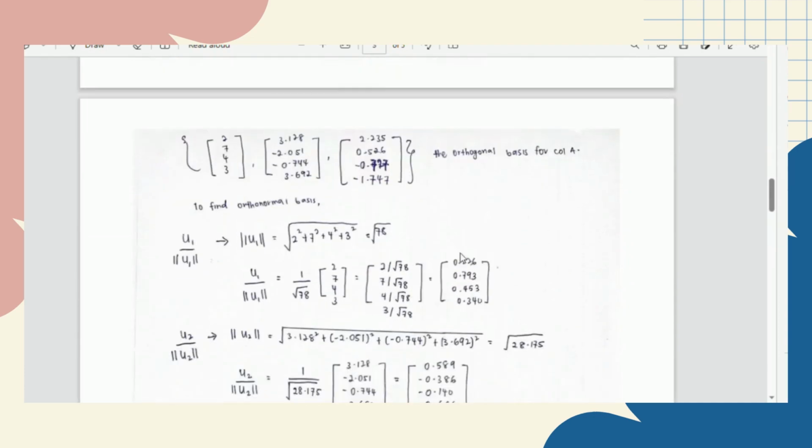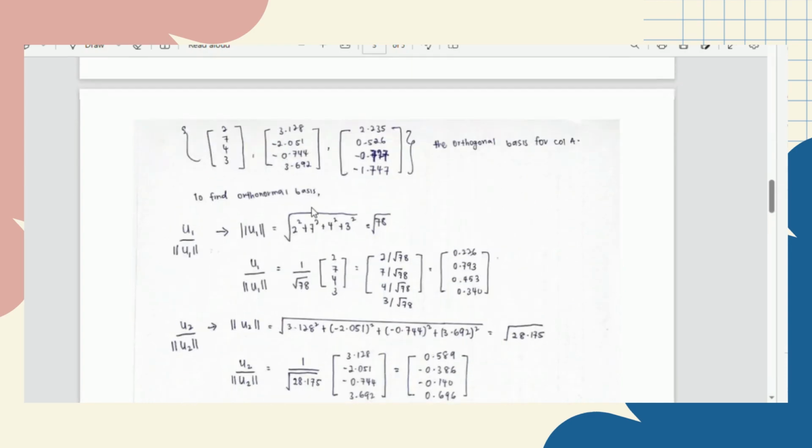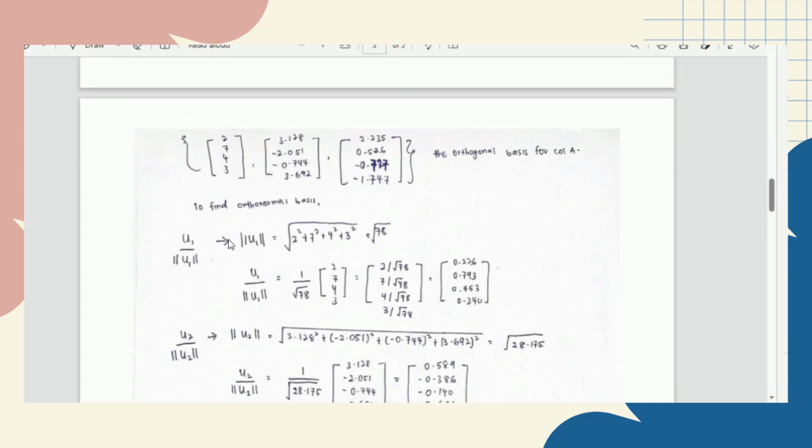And then I can find my orthonormal basis. For the orthonormal basis, I will use this formula. For the denominator, I will sum the squares of all of the elements in the vector and take the square root of the answer, and it will give this answer.